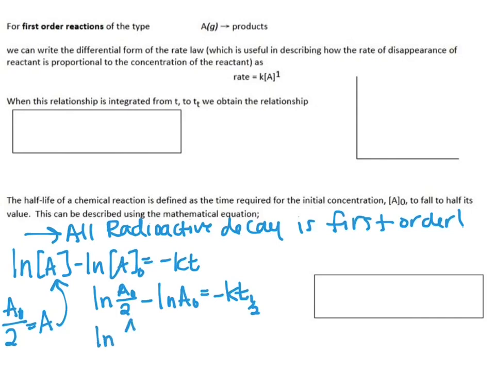You're really dividing, right? That is just ln of A naught over 2 over A naught, and we set that to negative kt at one-half.